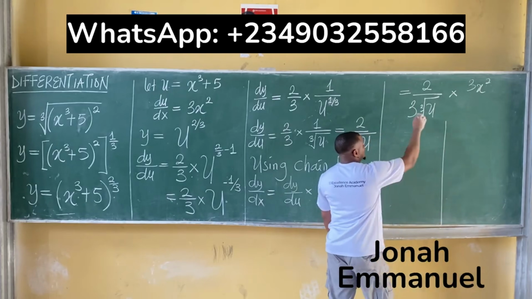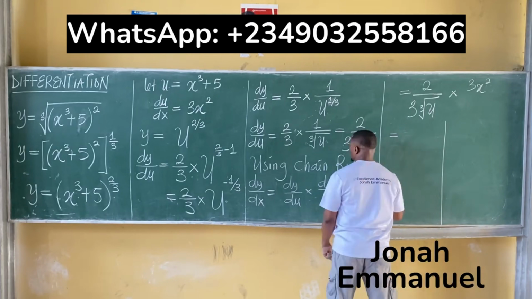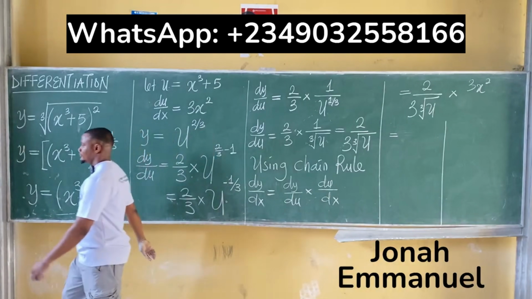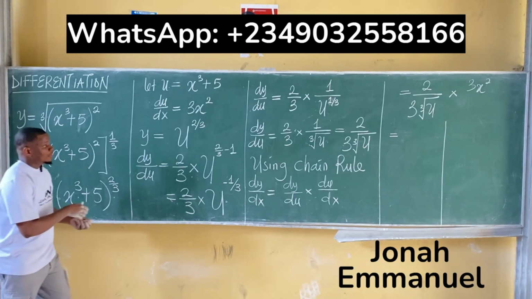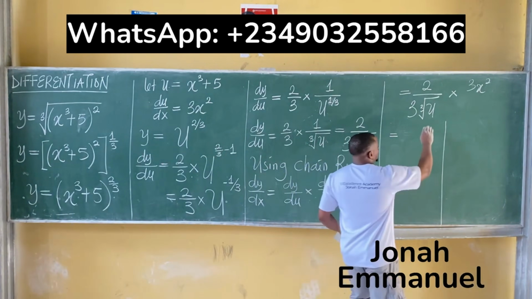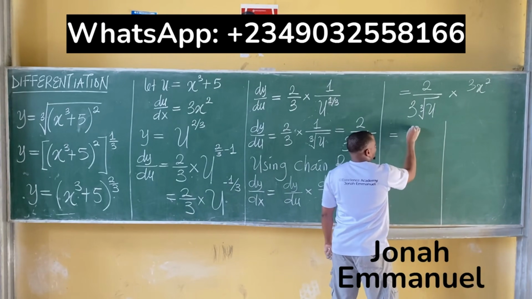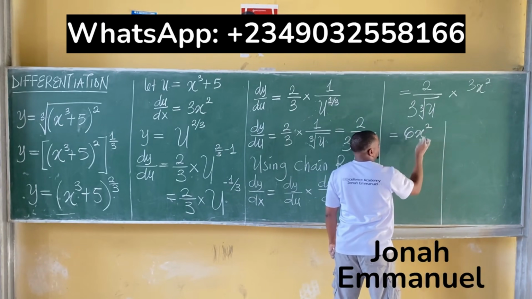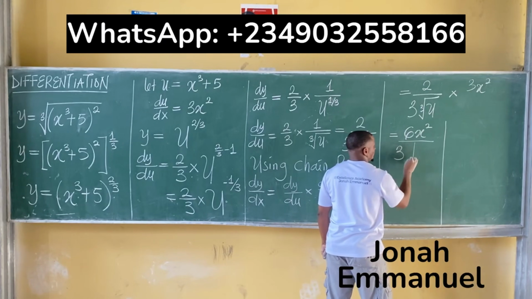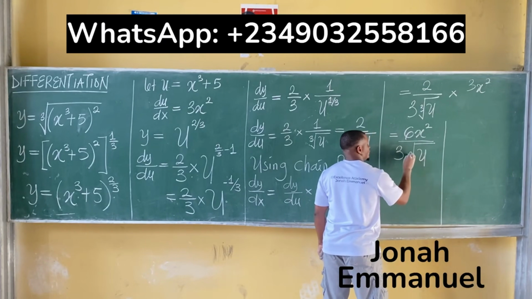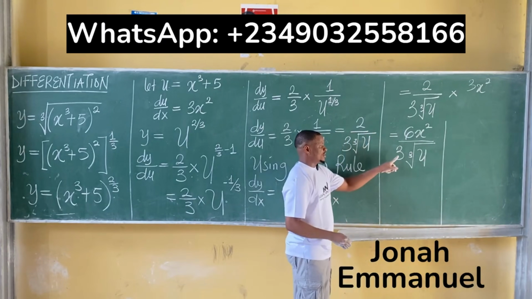All right, so this is equal to 2 times 3x squared, which gives you 6x squared, all over this and this, 3 into the cube root of u. Obviously, these two 3s can cancel out.